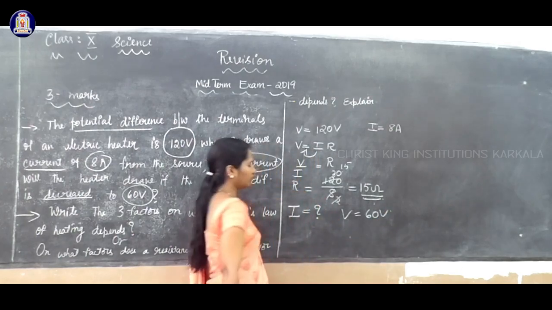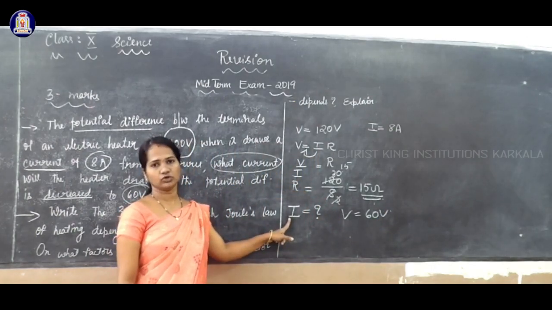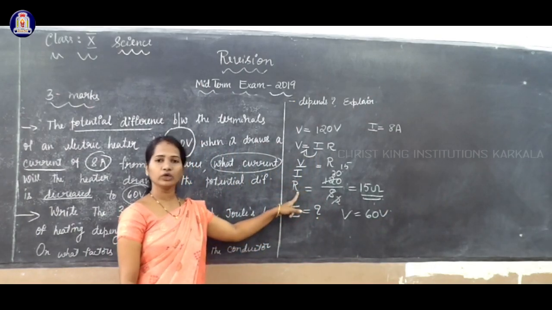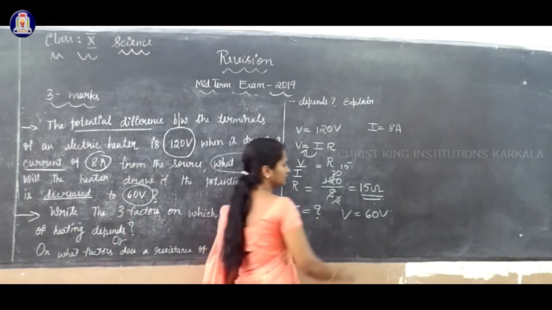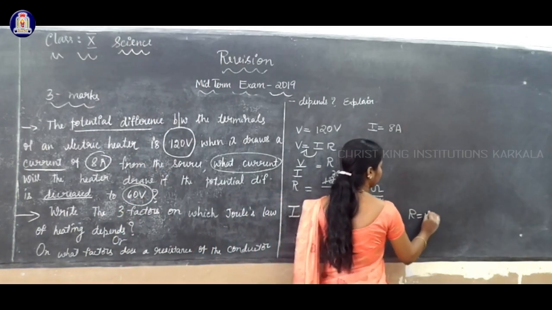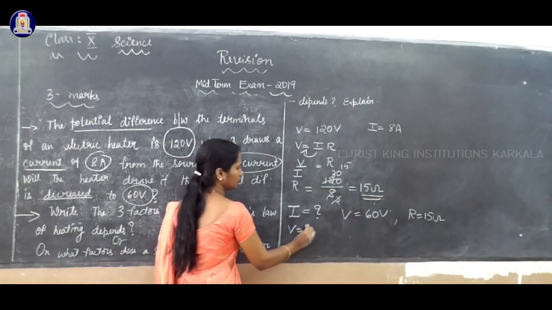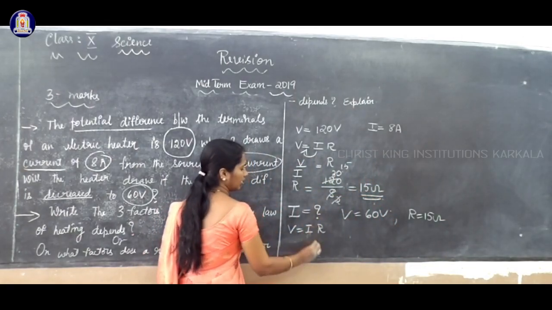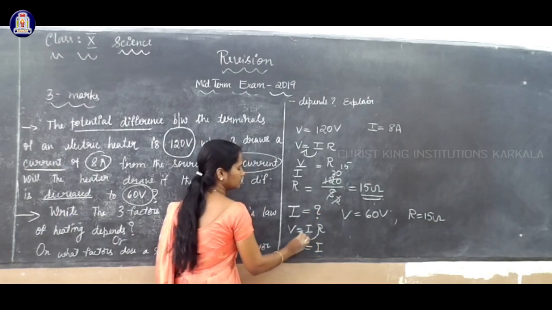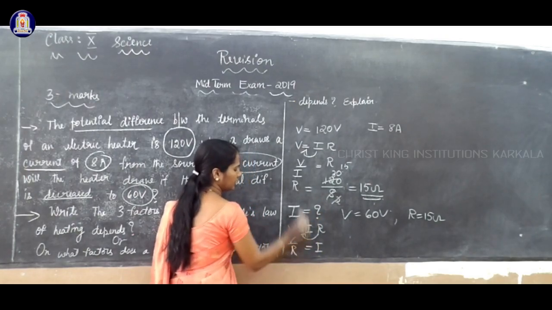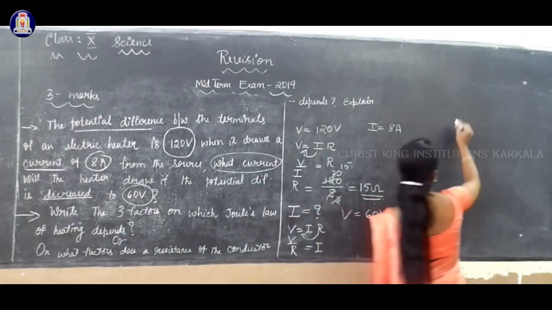Already we have calculated the resistance, that is R is equal to 15 ohm. So write the formula: V is equal to I into R. I is equal to, bringing R to this side, V divided by R. Now substitute the values.